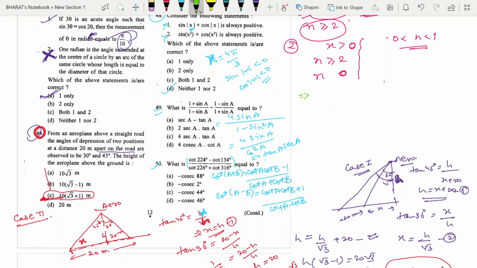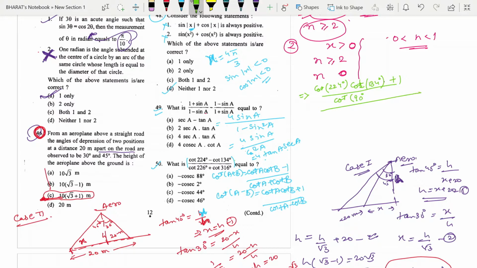Cot of 224 degree, cot of 134 degree, plus 1 upon cot of A minus B, that is 224 minus 134 degree. How much will it be? It will be equal to 90 degree. Cot of 90 degree.